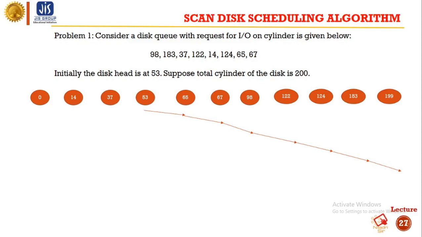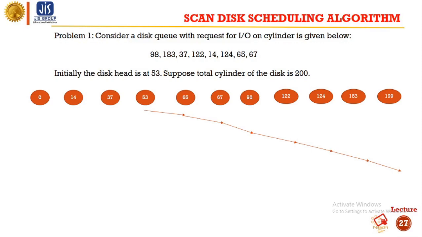So the logic is we start from the head and we can move in any direction, left or right. Here we have chosen to move to the right-hand side. If we choose to move to the right-hand side, we will go to the end, and the end is 199.